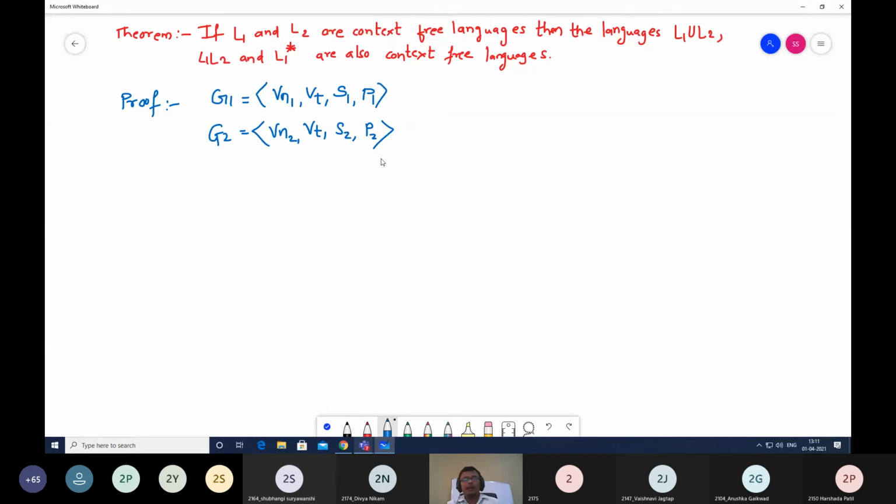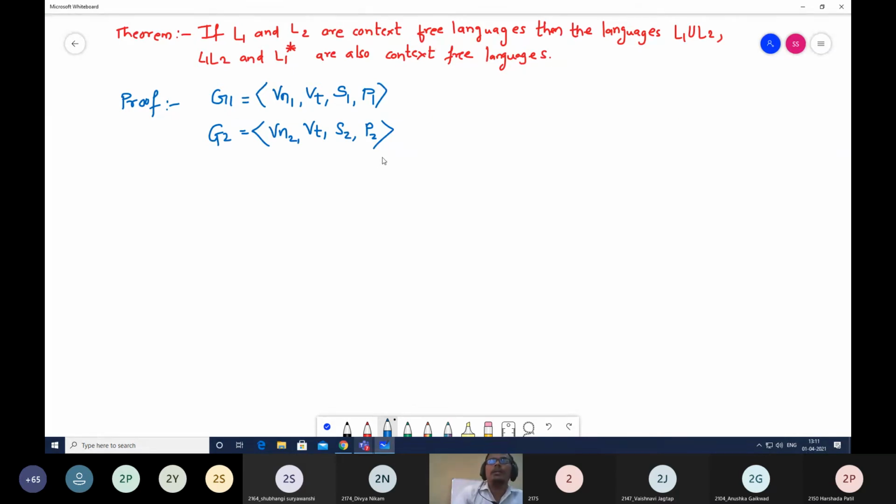It cannot happen that my grammar G1 is based on terminal symbols a and b, and my grammar G2 is based on terminal symbols 0 and 1, and I'm trying to create a union out of it. It won't happen. I can take a union or concatenation when the underlying terminal symbols of both grammars are the same.